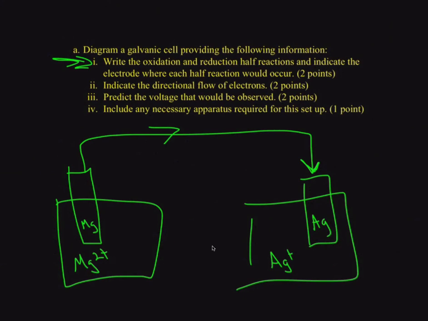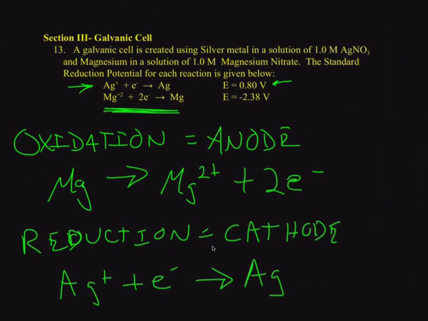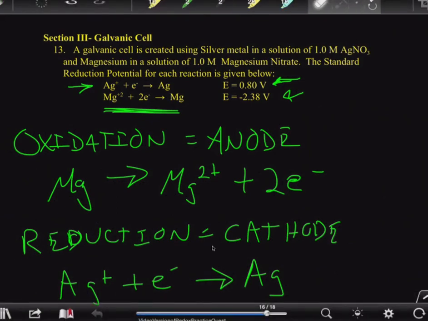What is the voltage that would be observed? Well, the voltage is found by taking a look at the potentials of the 2 reactions. And we have the potentials up here, 0.8 and negative 2.38. The only thing you have to keep in mind is that the magnesium half reaction has been reversed.